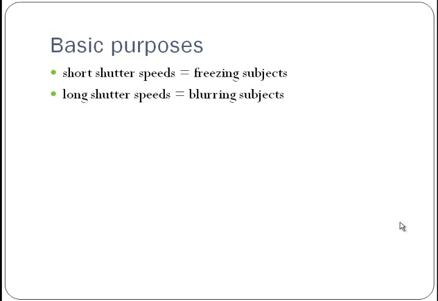So if you want to blur the moving water so it's dreamy, you're going to choose a long shutter speed. If you want trailing lights on cars going down a highway, you're going to do a long shutter speed. In other words, you're going to leave the shutter open long so you capture those lights as they're moving along. So those are the basic purposes.